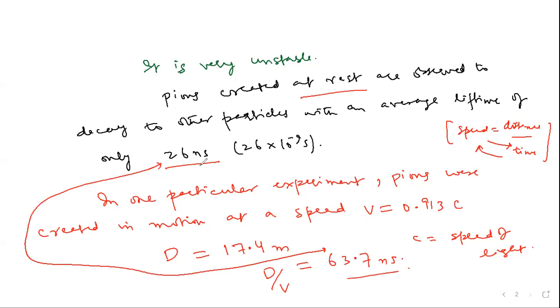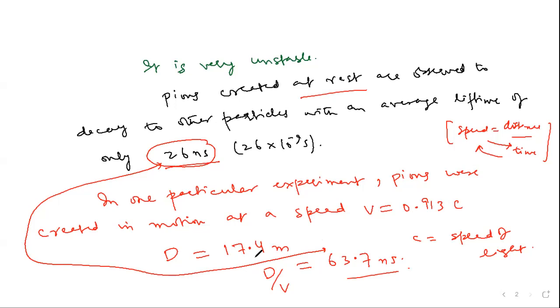I repeat, when pions are created at rest, they on the average live for only 26 nanoseconds. But when they are created at this speed, they are observed in the laboratory to travel on the average 17.4 meters.